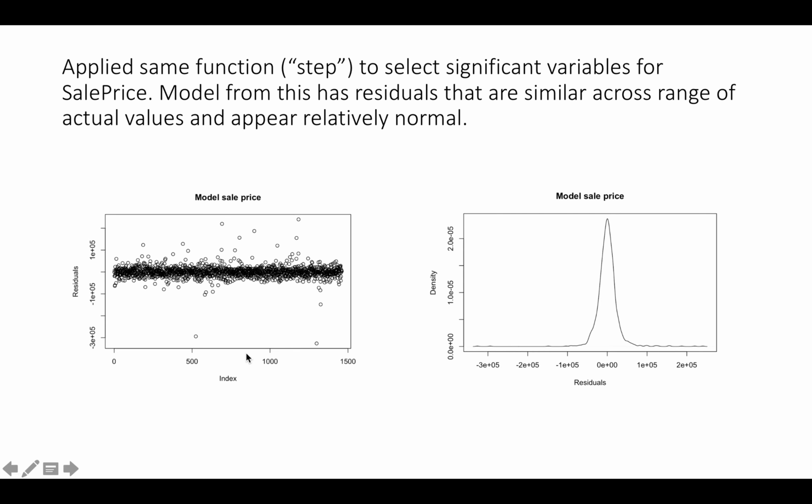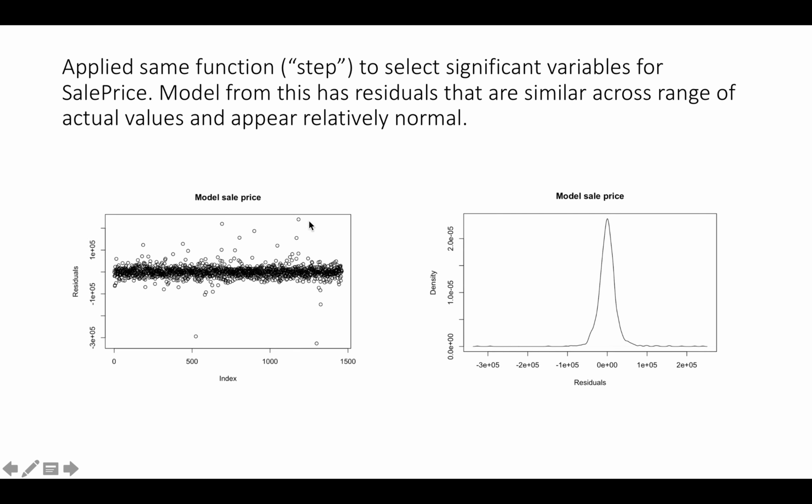So on the left is the index. So this is ordering the actual sale price from lowest to highest. So if you order the sale price from lowest to highest, and then you look at the residuals within the range of the actual sale price, it's relatively constant.